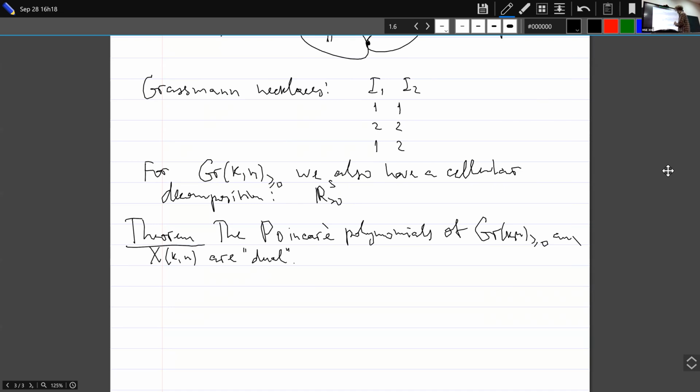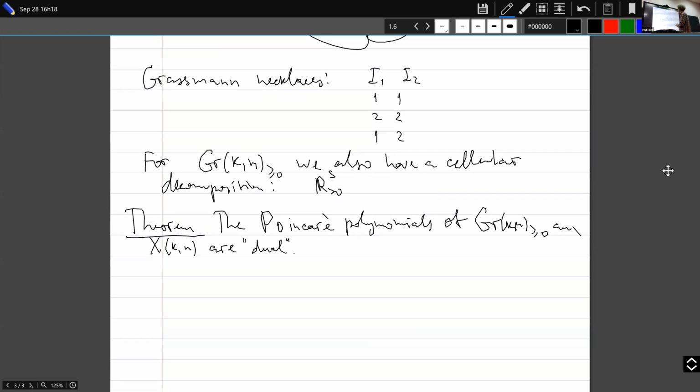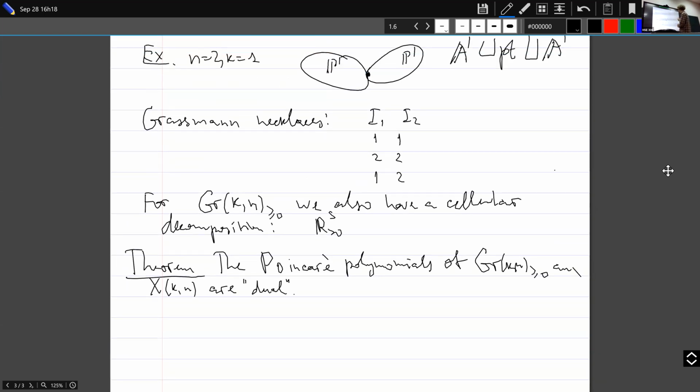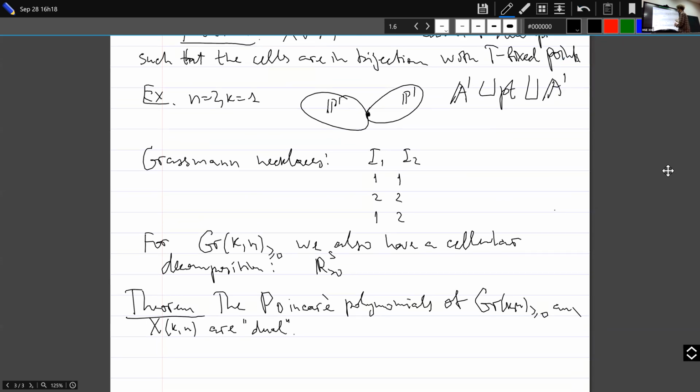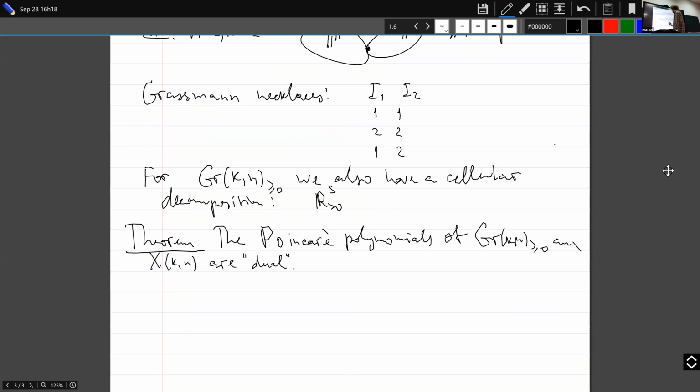So actually dual in a very explicit sense. So let me recall that here, maybe put it here that Gr(1,2) was.